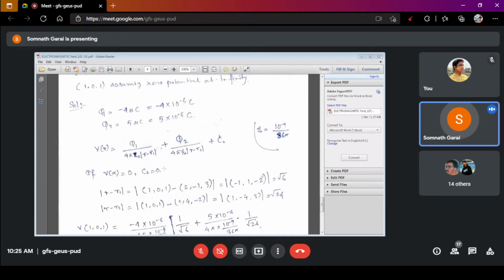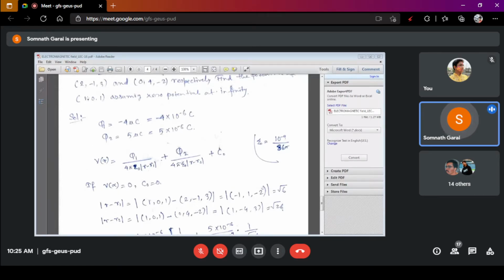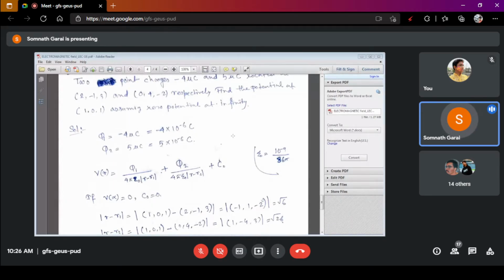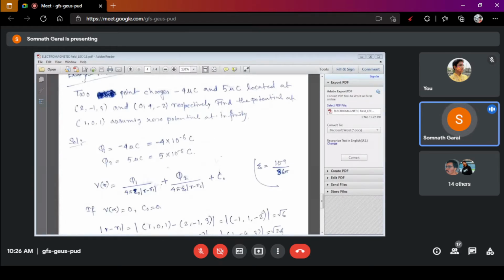That is the process of how you calculate the potential with respect to the point situated at vector location 1, 0, 1, by moving charges from infinity: minus 4 microcoulomb to the vector location 2, minus 1, 3, and another charge of 5 microcoulomb to the point 0, 4, minus 2.